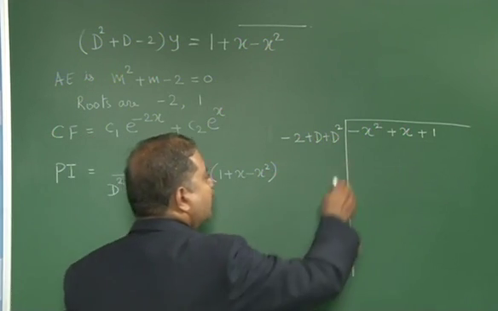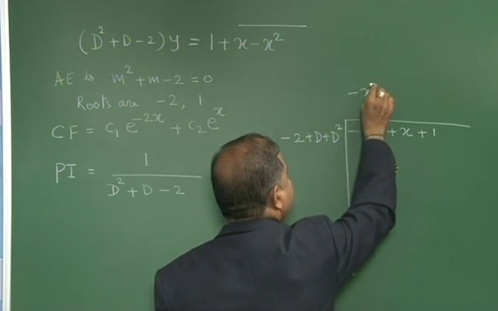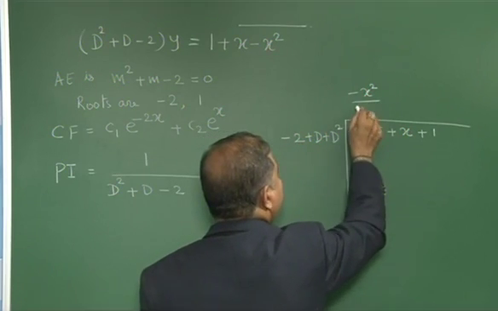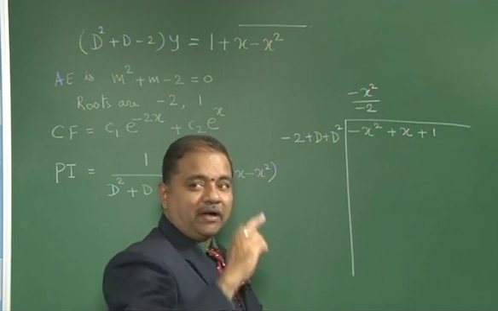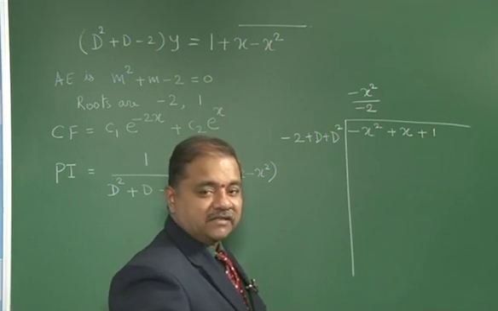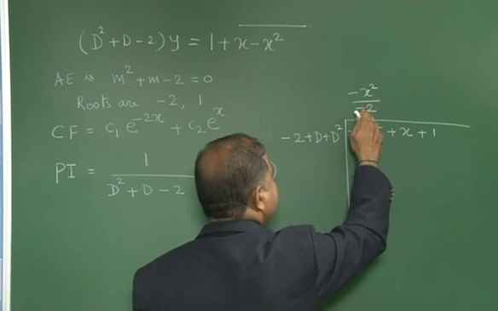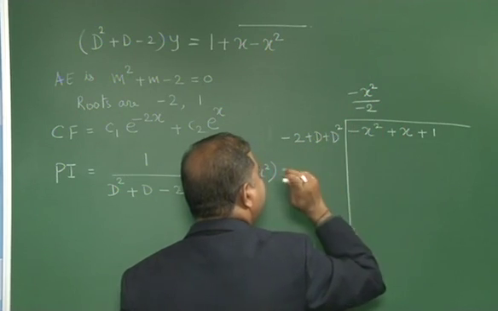Observe carefully: first you write this minus x square as it is, divided by the constant term here, minus 2. First term minus x square I write as it is, then I take minus 2, that is the constant. What happens if I multiply 1 by 1 term?